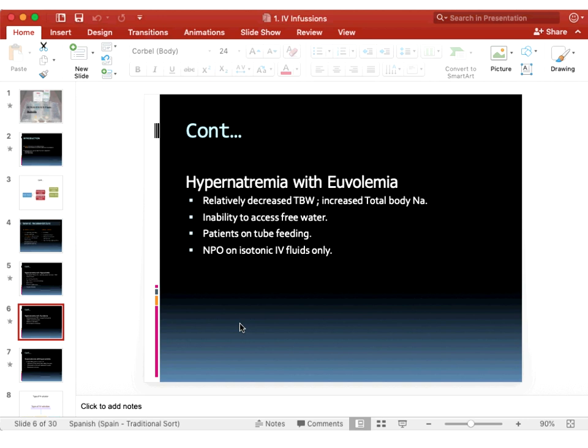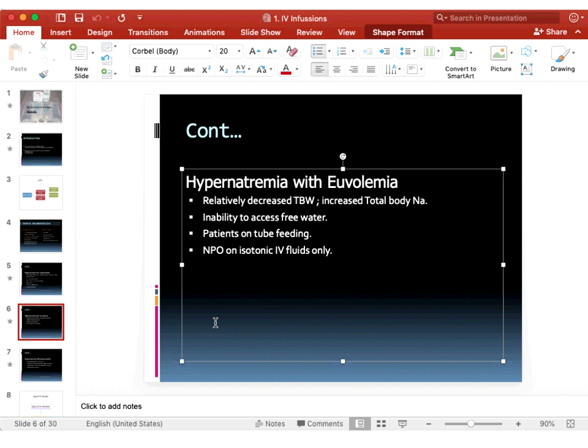You can have normal volume but concentrated sodium, and this is the inability to access free water, such as patients that you have on enteral tube feeding, that are not allowed to eat anything by mouth. This is NPO. It is the Latin term nil per os, which means nothing by mouth.